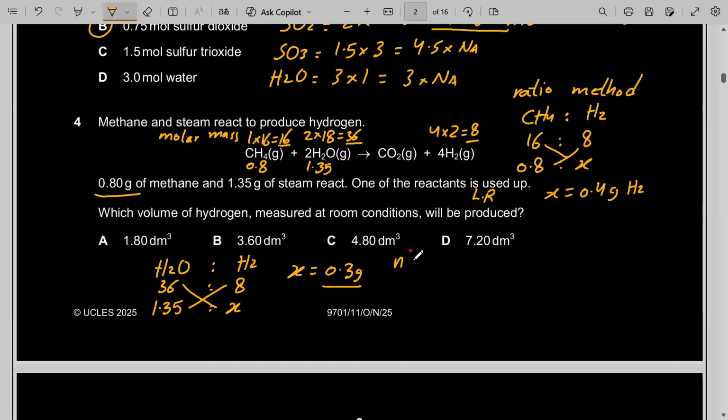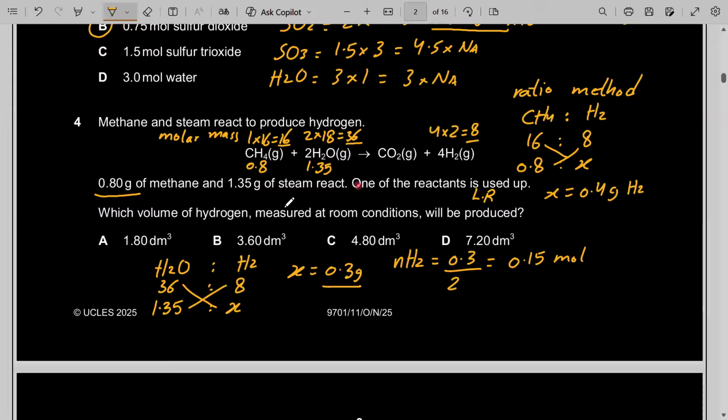First, you calculate the number of moles of the hydrogen, which will be equal to 0.3 gram divided by the molar mass of hydrogen, which is 2. So it is equivalent to 0.15 mole of hydrogen.